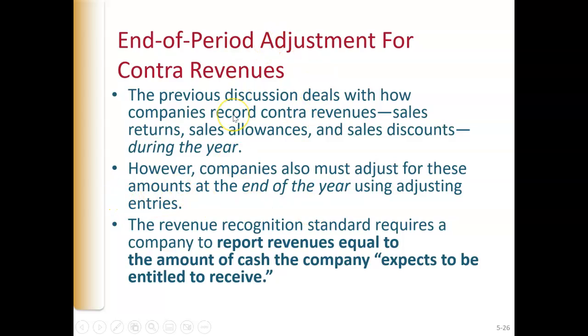The previous slides deal with how companies record contra revenues. However, companies also must adjust for certain amounts at the end of the year using adjusting journal entries. The revenue recognition standard requires a conservative approach. Companies are to report revenues equal to the amount of cash the company expects to receive.